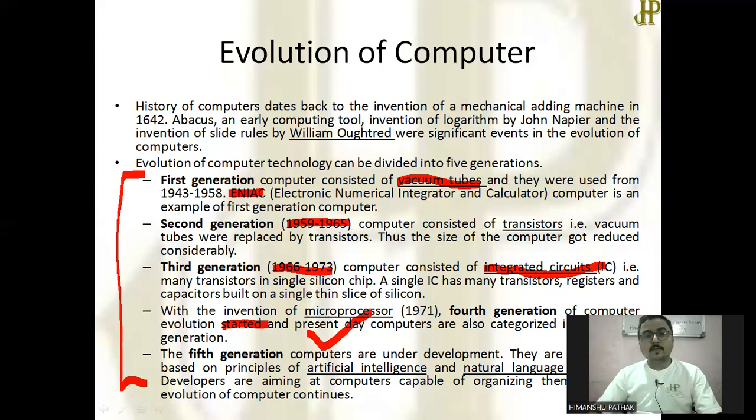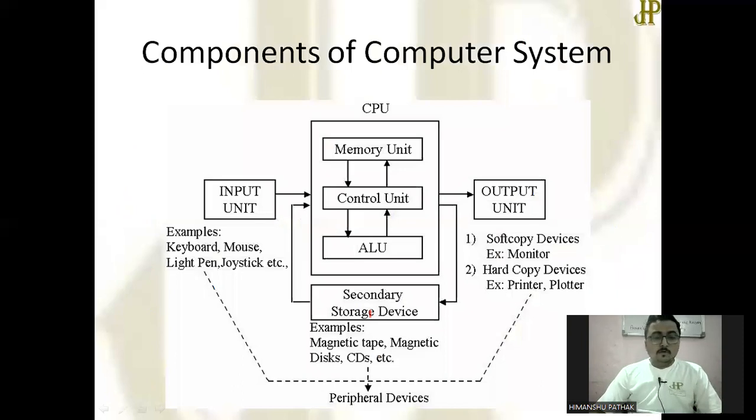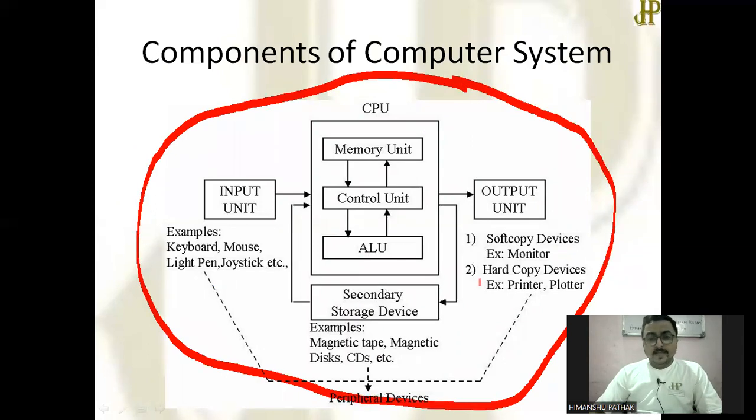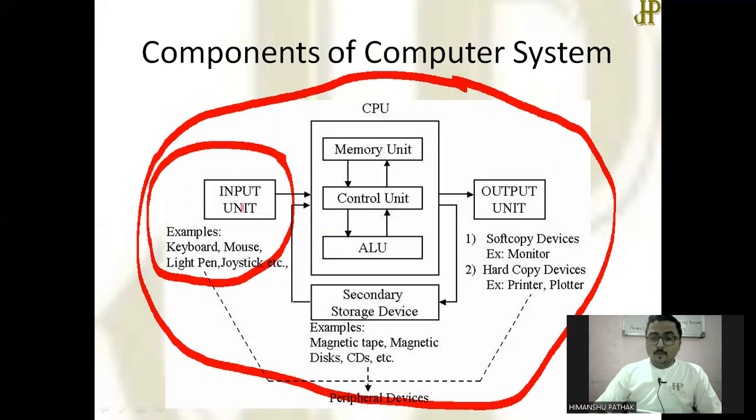So moving further, now I'm going to talk about components of computer system. Here you can see the figure. This is a very basic one. You all are continuously seeing this figure, that there is one component known as input unit. Through the input unit, data or instructions are entered into the computer, or you can say the CPU.